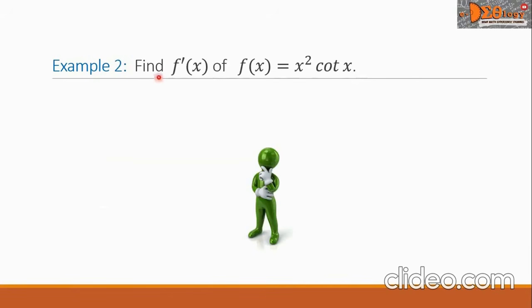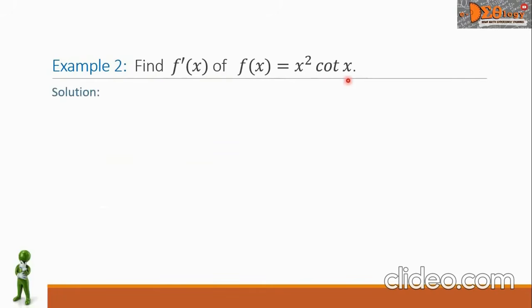Example 2. Find f prime of x if f of x equals x squared cotangent x. For our solution, let us observe that our function here is a product of two functions. The first function is x squared.